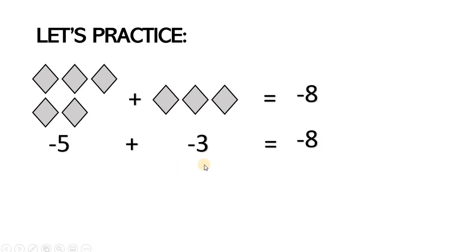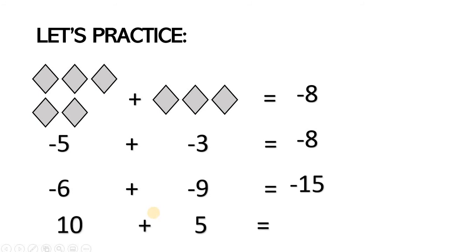So, the answer for this is negative 8. How about negative 6 plus negative 9? Add the numbers. 6 plus 9 is 15. And then copy the common sign, which is negative. Negative 15. And then, 10 plus 5. Of course, this is very easy. Same sign, just add. Then the sum is positive 15.